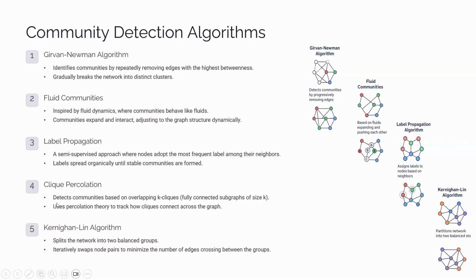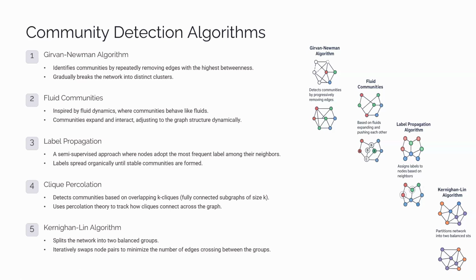Then we have Clique Percolation. The algorithm finds k-clique communities in a graph using something called percolation theory. Then we also have the KL algorithm, the Kernighan-Lin algorithm. It splits the network into two balanced groups, and then we repeatedly apply that approach.